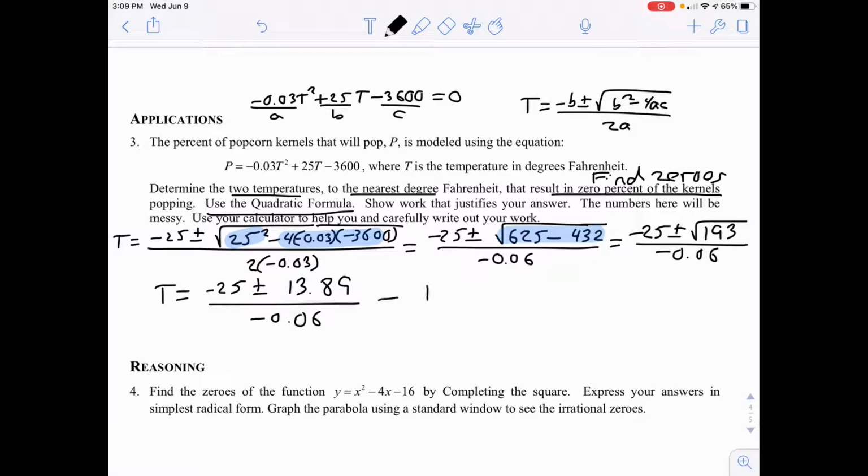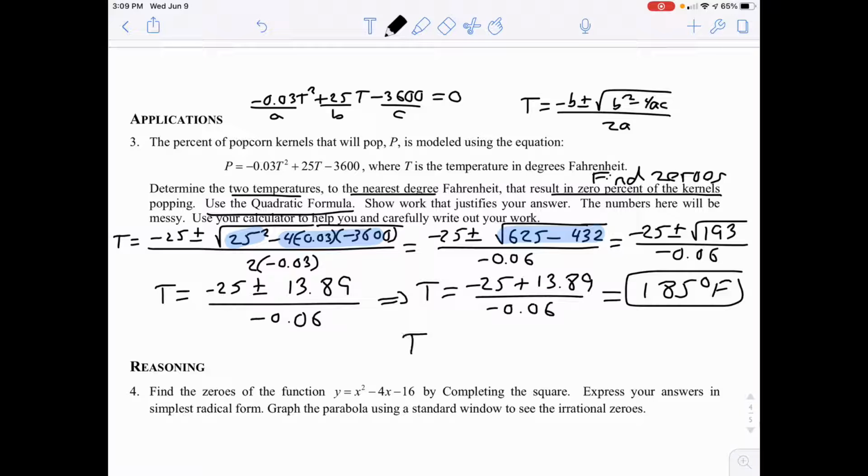And so we'll have two possible answers. t is equal to negative 25 plus 13.89 over negative 0.06, and we'll get about 185 degrees Fahrenheit for that temperature.